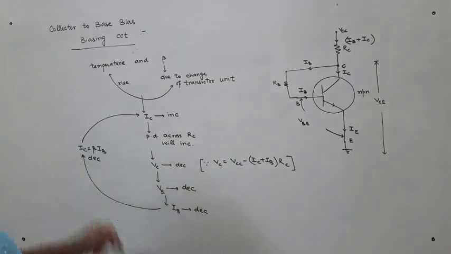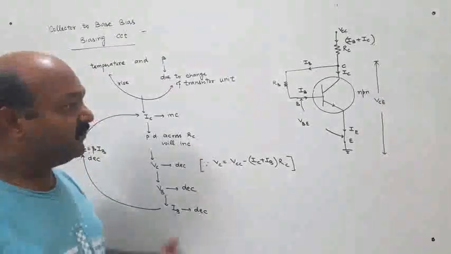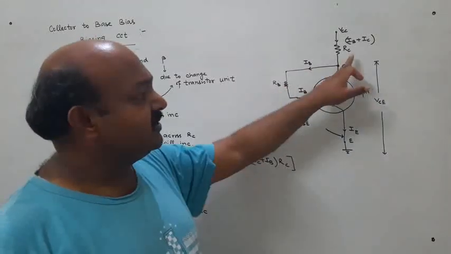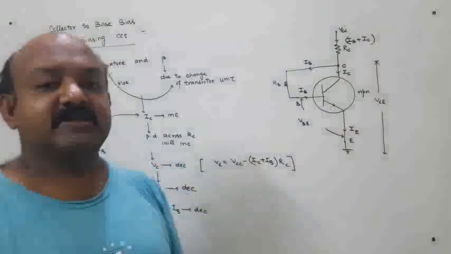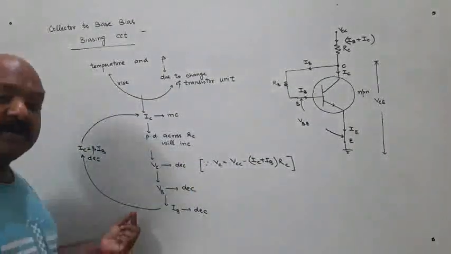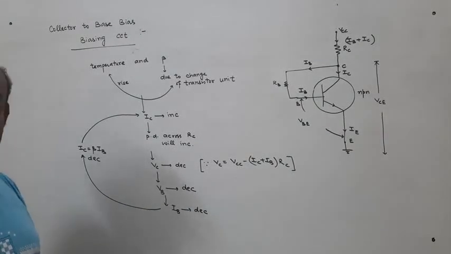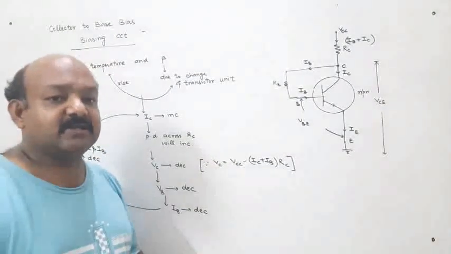So this circuit is very suitable: a very simple circuit with one resistor connected to base, one resistor connected to collector, and one biasing battery. In this way it stabilizes the Q point.